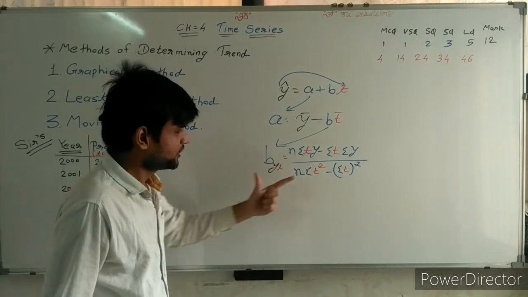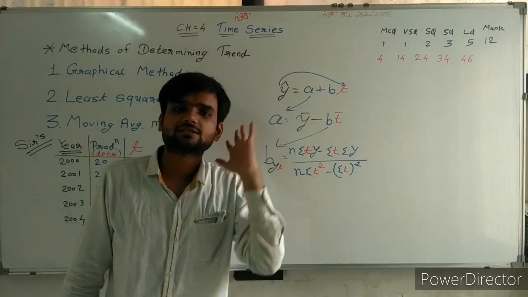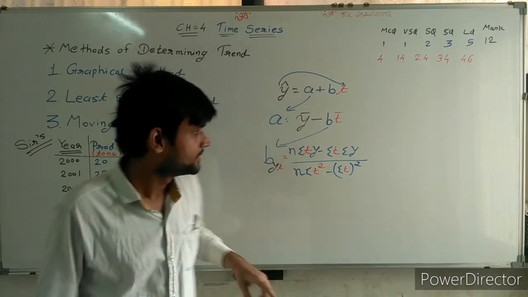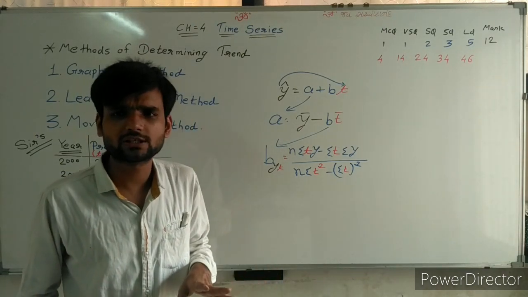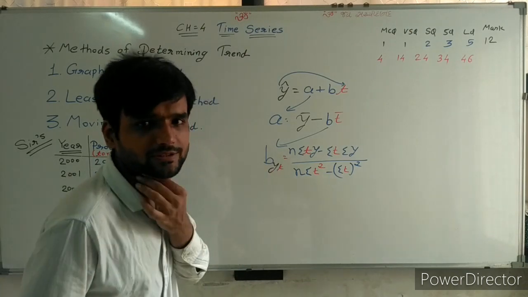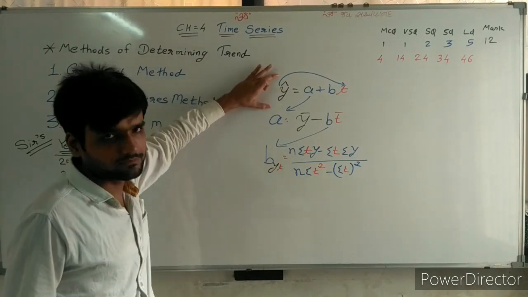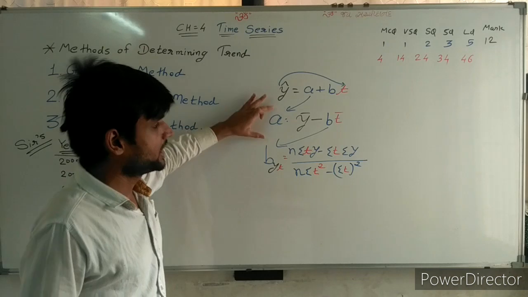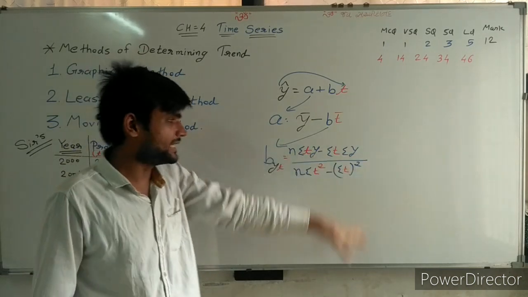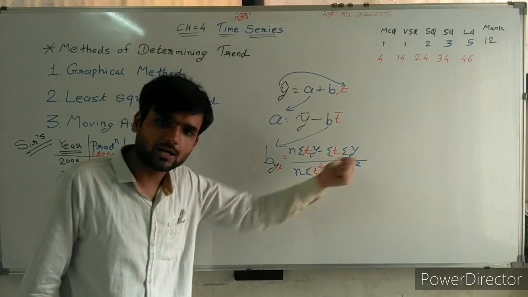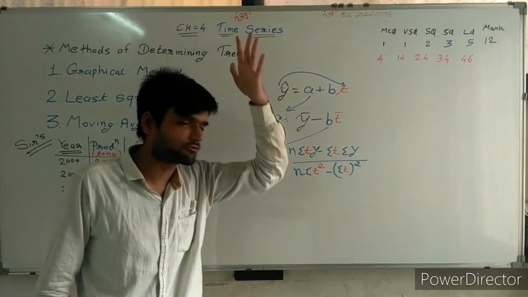Here, for b, only one formula is needed. We can use other formulas, but there is no need because only this one is given. So y cap is a plus b t. A is equal to y bar minus b t bar. B is equal to n sigma ty minus sigma t sigma y upon n sigma t square minus sigma t whole square. That's it.